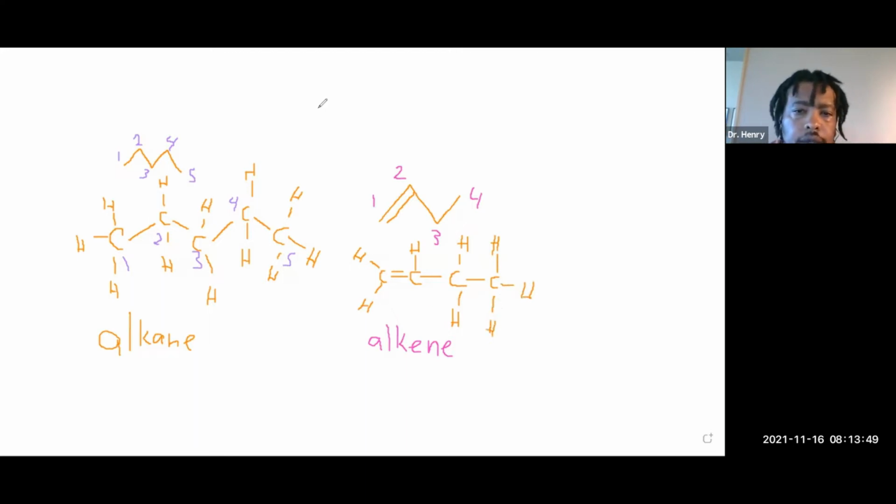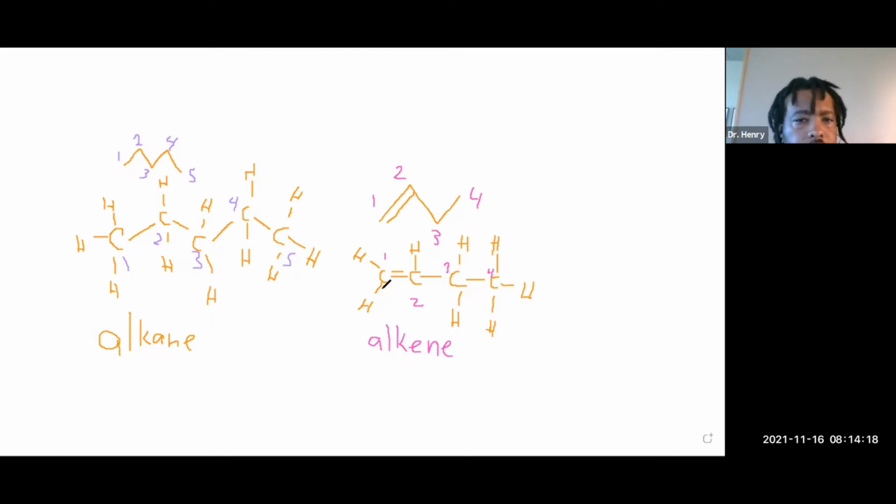Okay, so those are the 4 carbons. And you'll see the first carbon has a double bond between the first and the second carbon. Now, you'll notice there's 2 hydrogens here, not the 3 that we normally have, because we have to have a total of 4 attachments or 4 bonds.